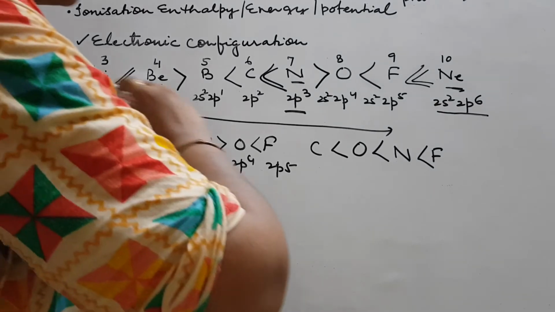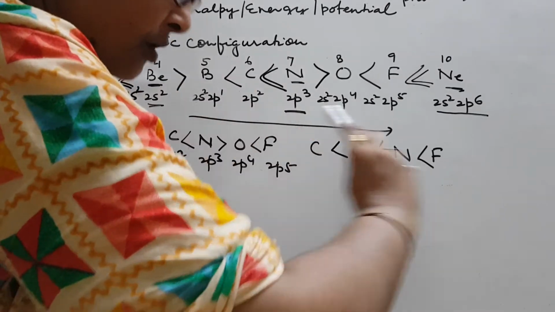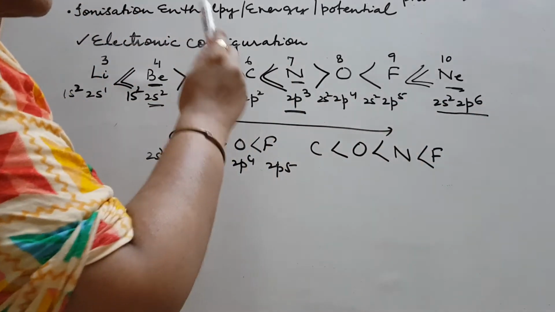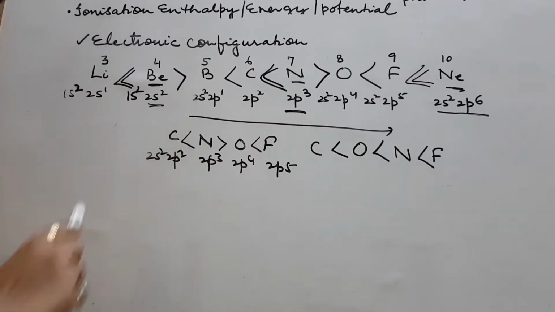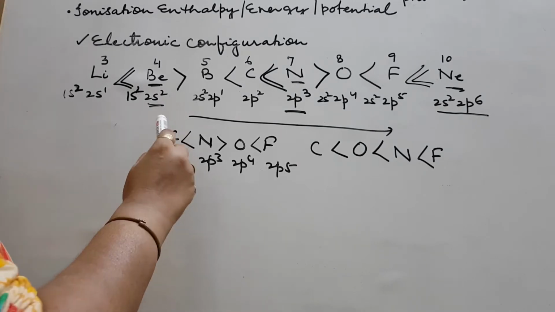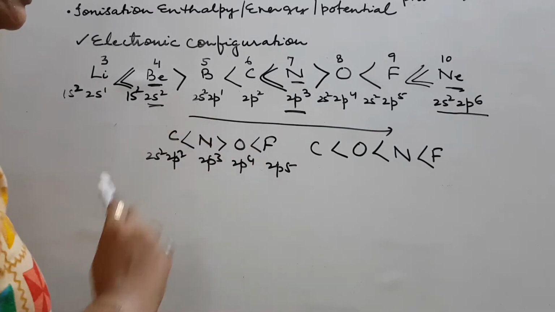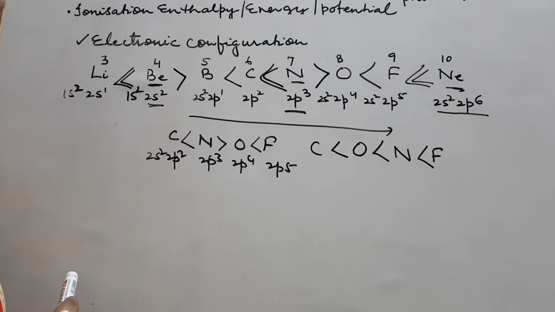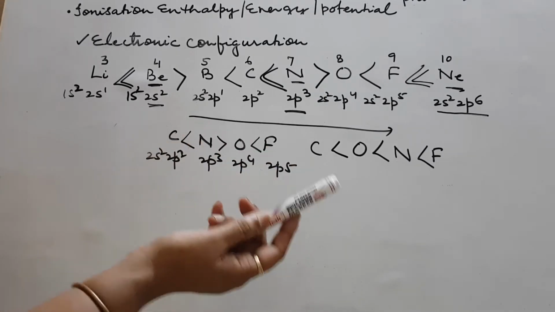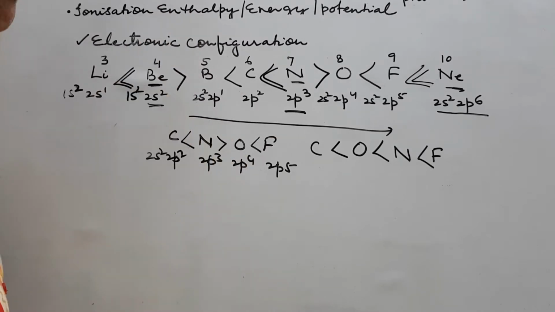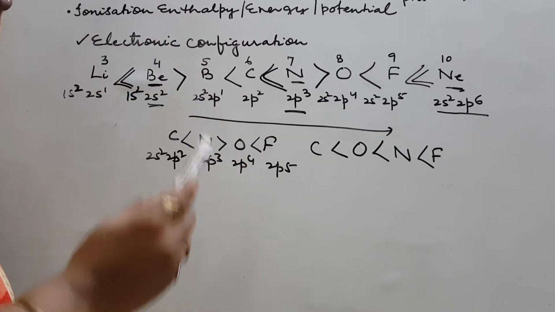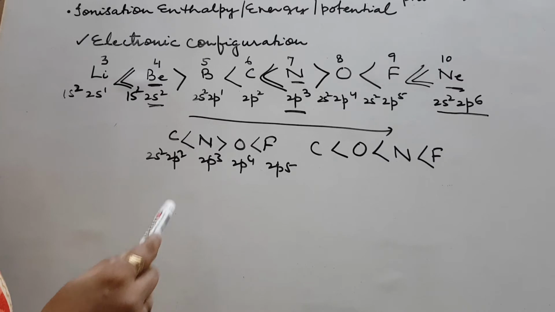So the trend does not go on increasing like this. There are exceptions at every place. Suppose I say, out of these four, carbon, nitrogen, oxygen and fluorine, you have to arrange them in the increasing order of their IP. So children, as I told you, as compared to size, configuration factor is more important.